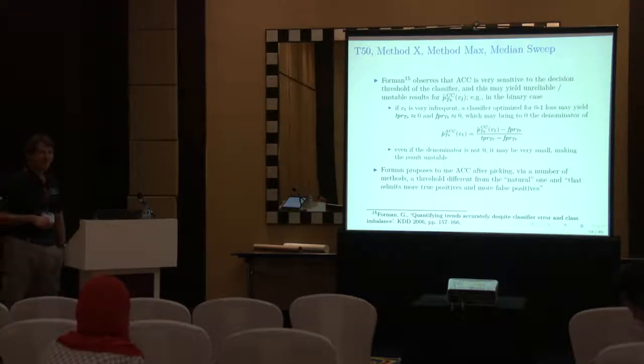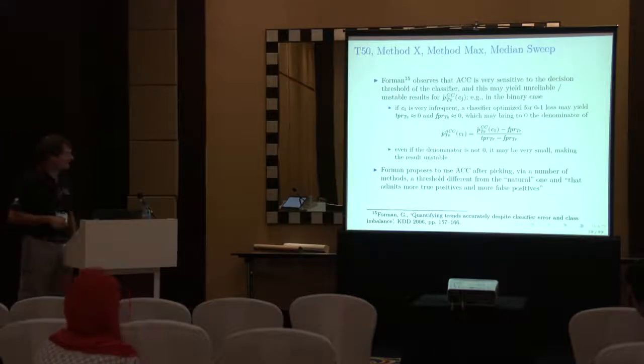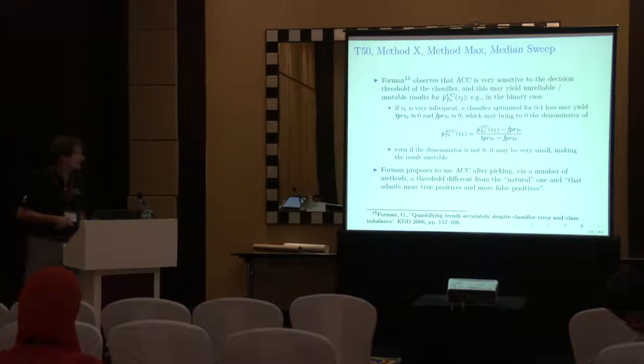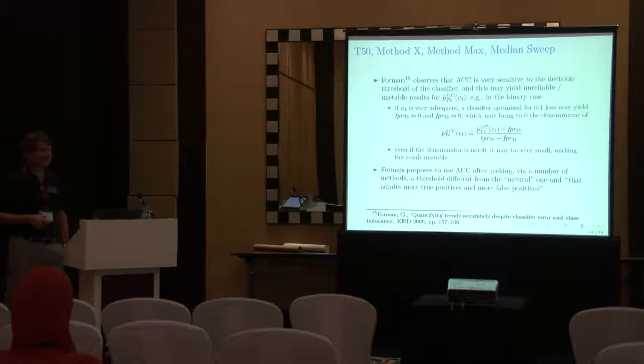Actually, George Forman did the bulk of the work on quantification in the mid-2000s. He observed that ACC, which is up to now one of our best methods, is very sensitive to the decision threshold of the classifier. Why is this so?